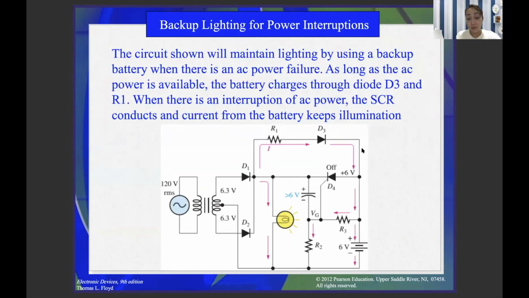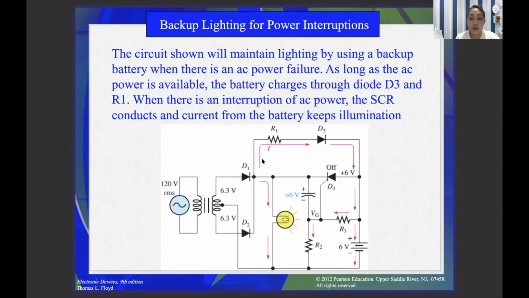Backlighting for power interruptions. This circuit shown will maintain the lighting by using a backup battery. There's the battery, this one. As long as the AC power is available, the battery charges through diode 3, this one, and the R1.